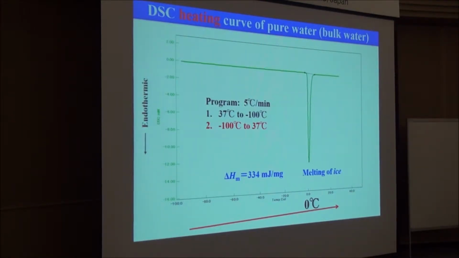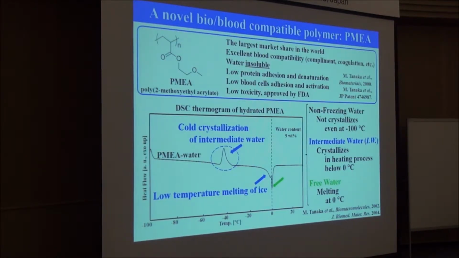Next, what happens if we mix polymer and water? This is a typical result. This is PMA, with the largest market share in the world, because of excellent blood compatibility against complement, immune systems, and coagulation, and it is water insoluble, so it is easy to coat.